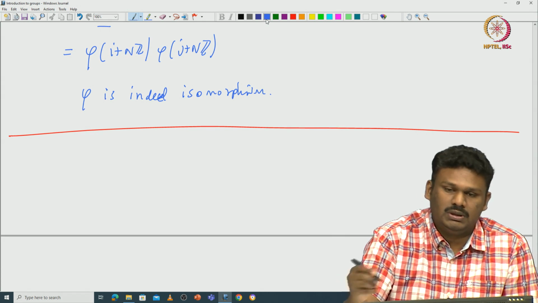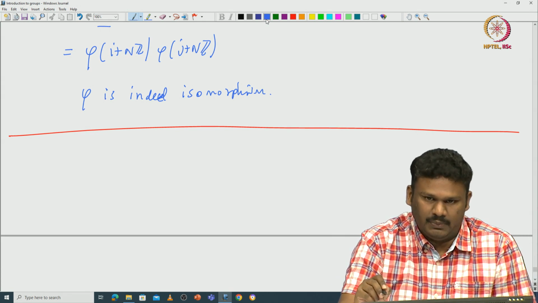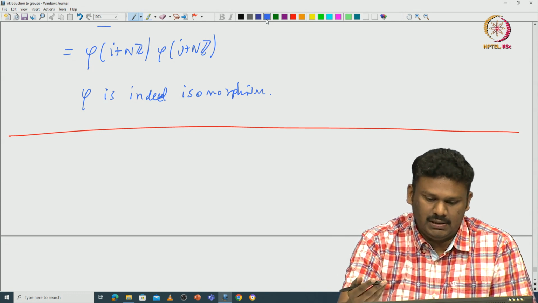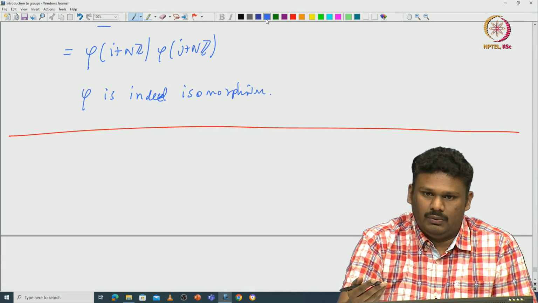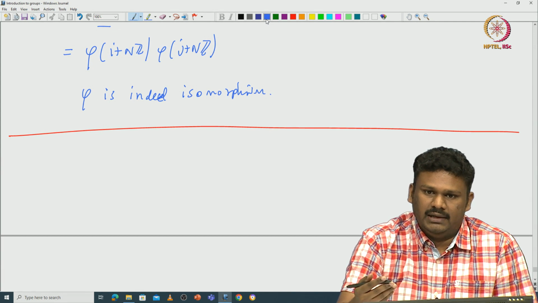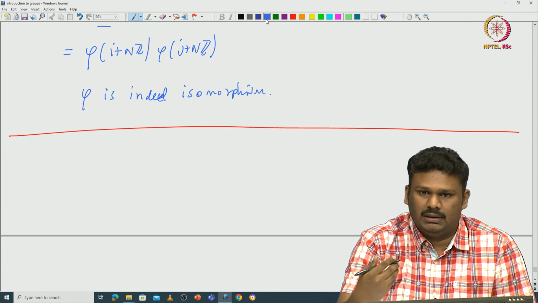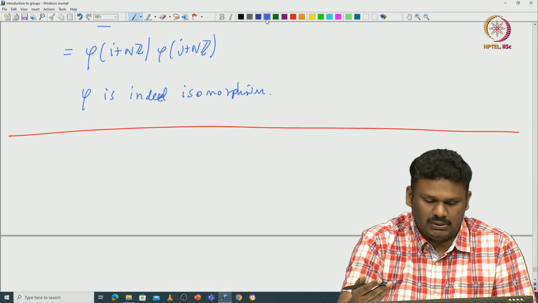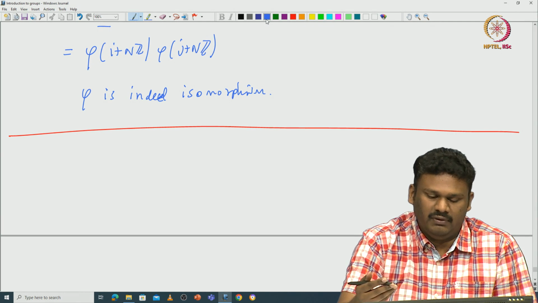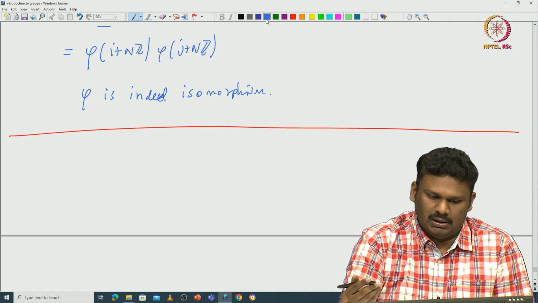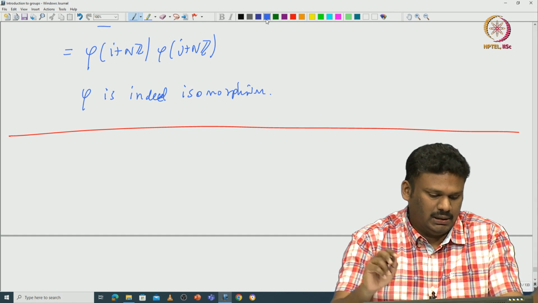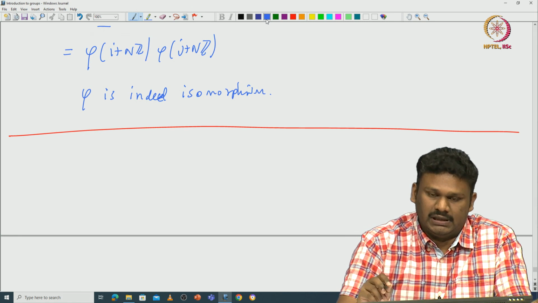Even though cyclic groups look very simple, either they are isomorphic to Z plus or Z modulo NZ, but if some group is given and we ask whether it is cyclic or not, that question is somewhat harder to answer. Okay. We will see some examples later coming from number theory. But anyway, we will try to understand other properties of these cyclic groups now.